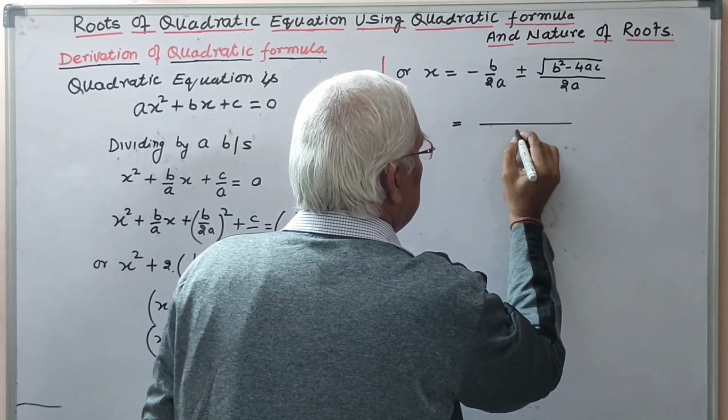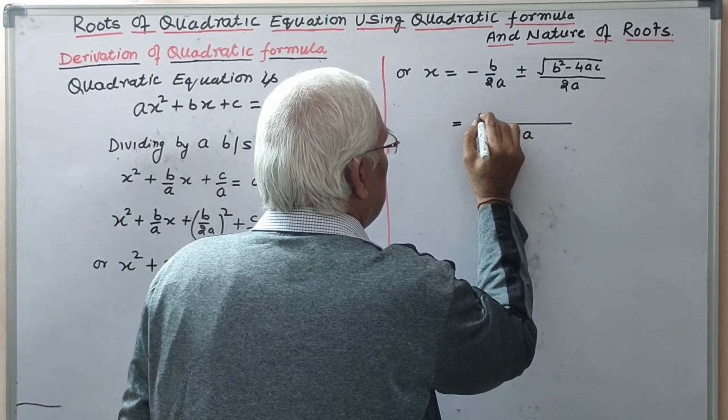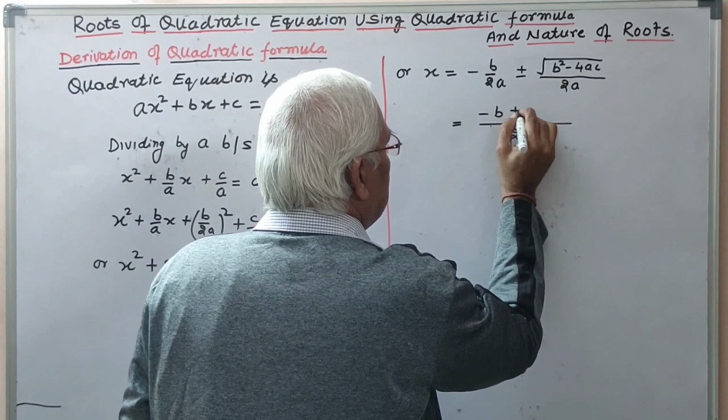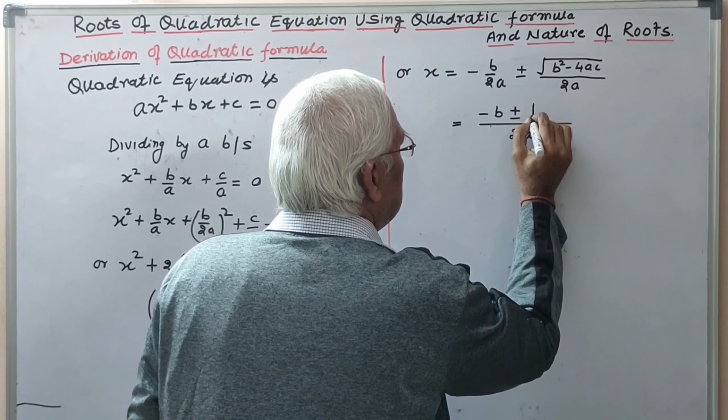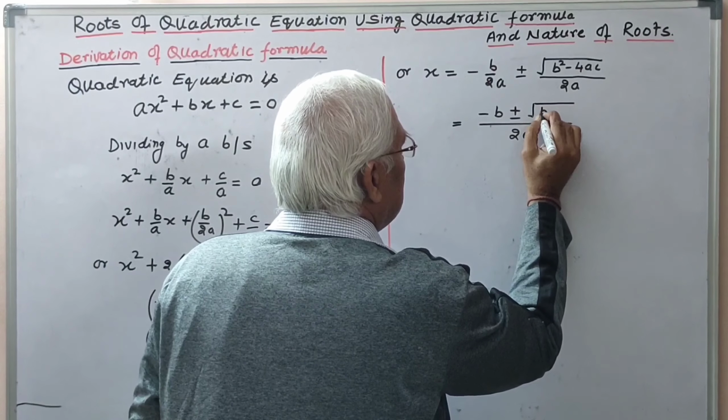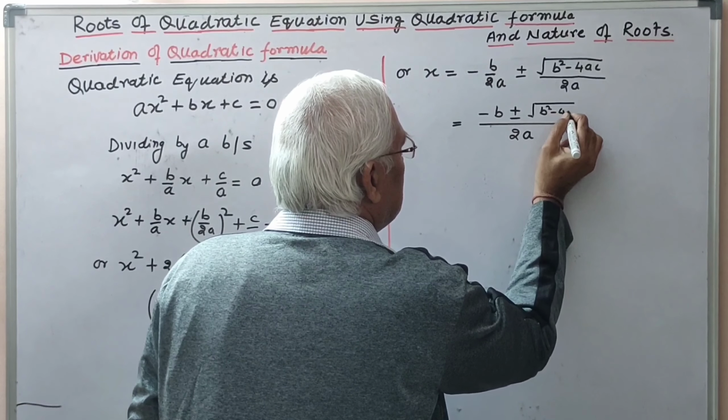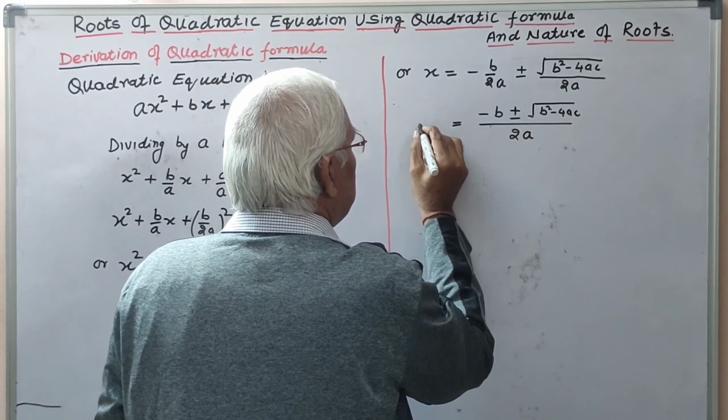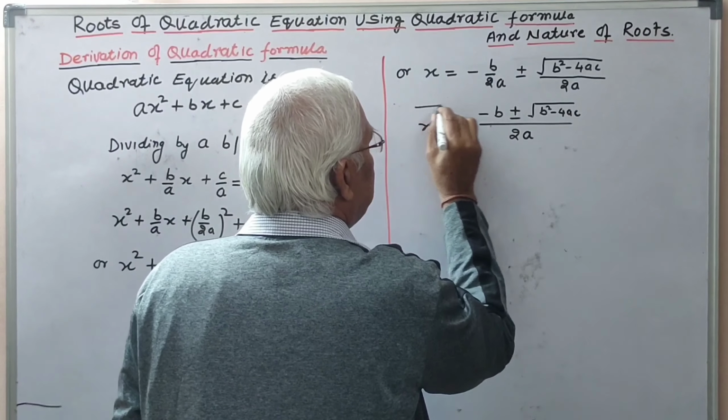So 2a is LCM, x equals minus b plus minus square root of b square minus 4ac upon 2a.